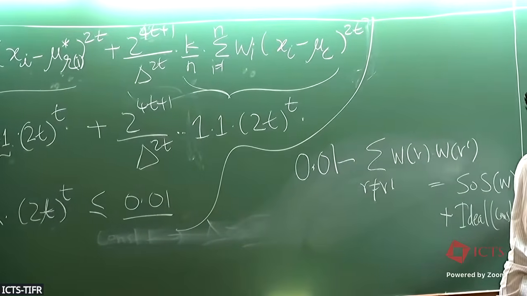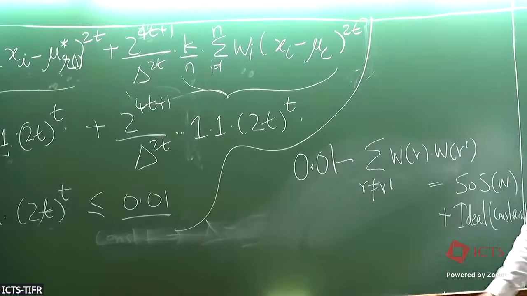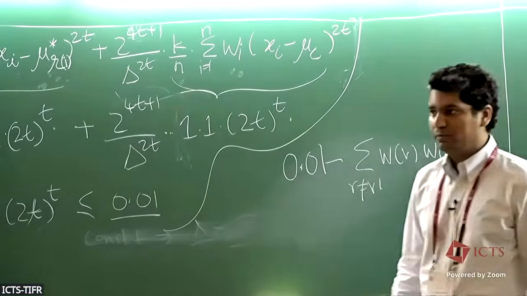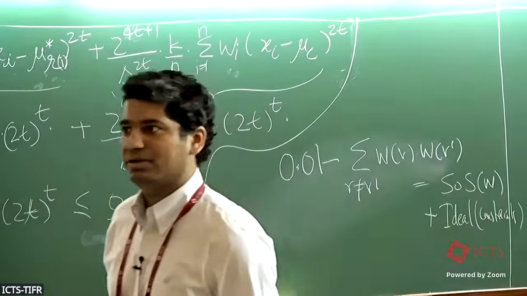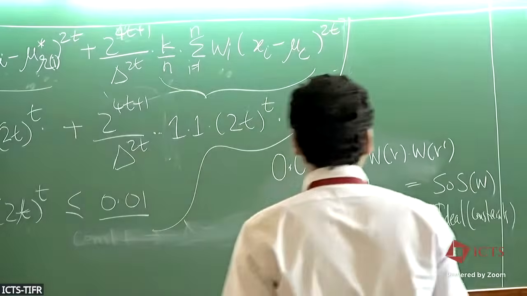Like it's some polynomial combination of the constraints, right? That's what it means to be a constraint sum of squares proof. That's what we argued in the last lecture, right?